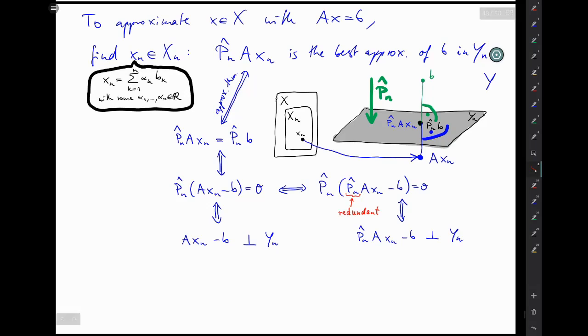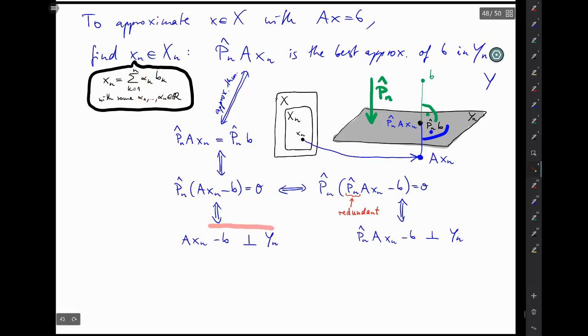So like before, we can rewrite our unknown, because it's an element of that space xn, as a linear combination of the basis elements b1 to bn of the subspace xn. And now the real unknowns are these real numbers alpha 1 to alpha n.